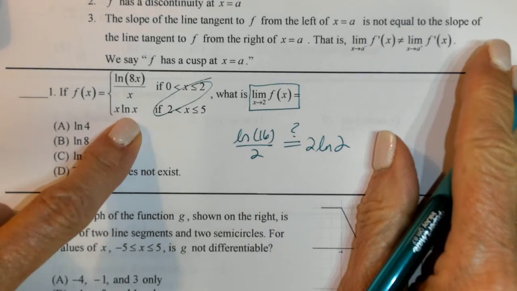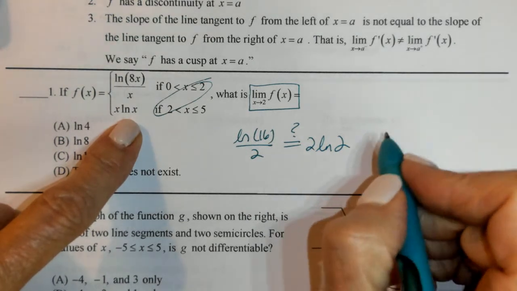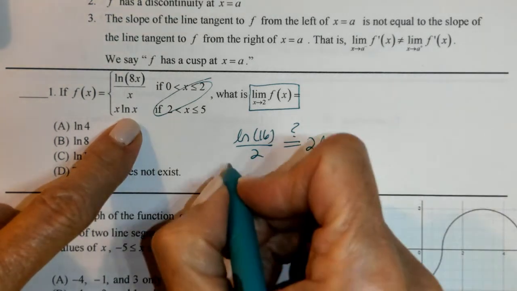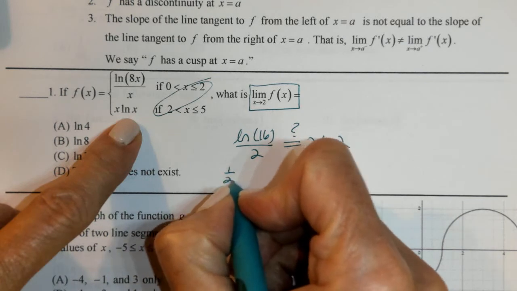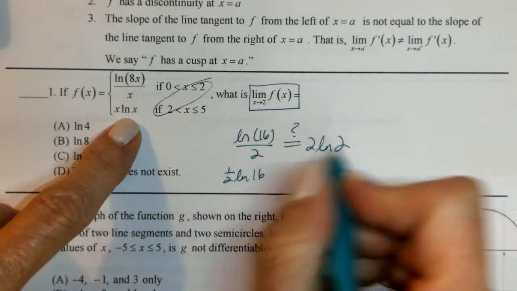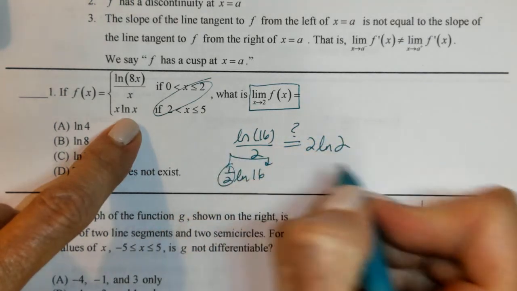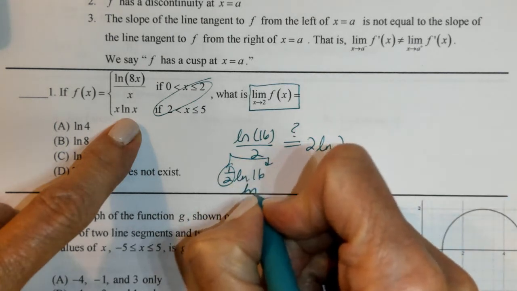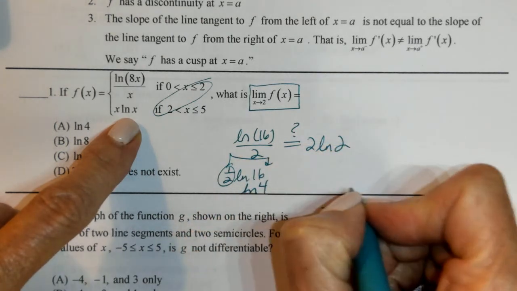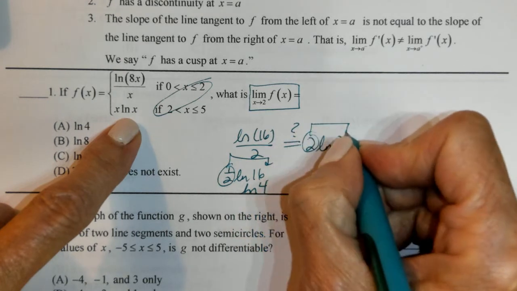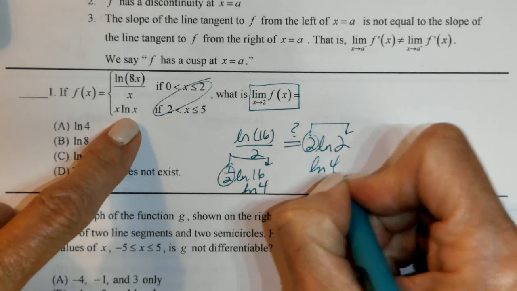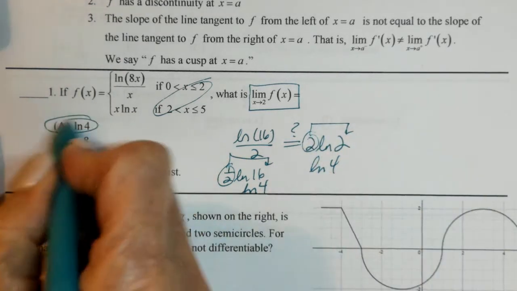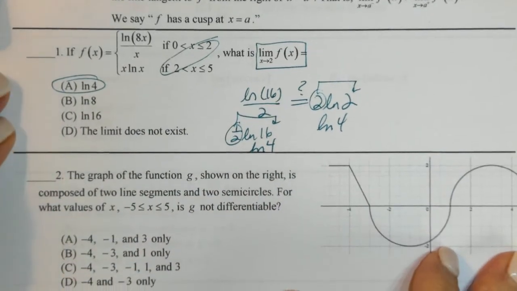So at first glance you might say, no, there's no way those are equal, but remember our log properties. This is 1/2 natural log of 16. We can move that coefficient to the exponent on the 16, make that the square root of 16, which is 4, and we can move this to the exponent on the 2, that's ln of 4 as well. Both of those are equal, so that is the limit.